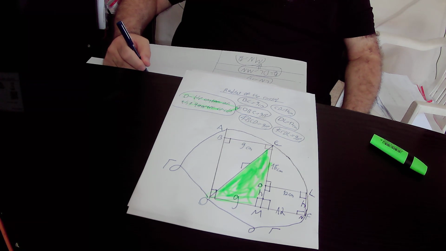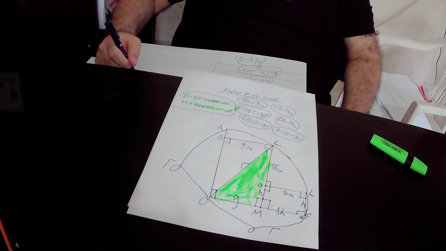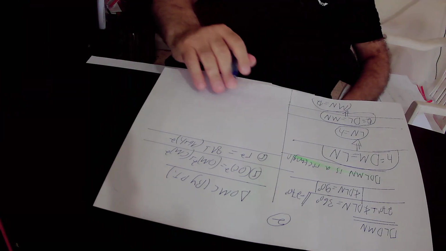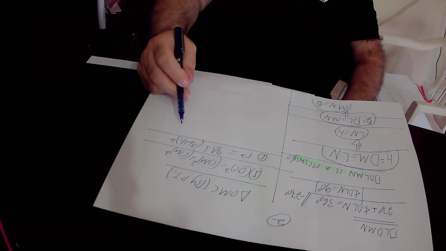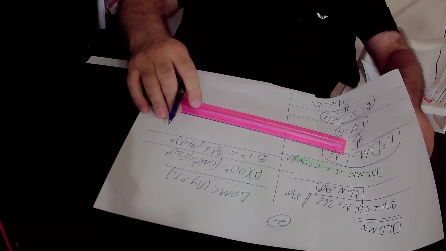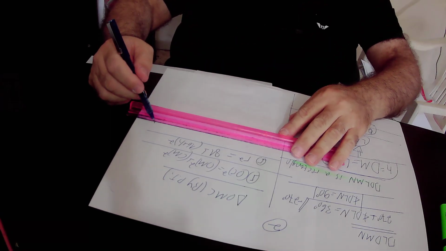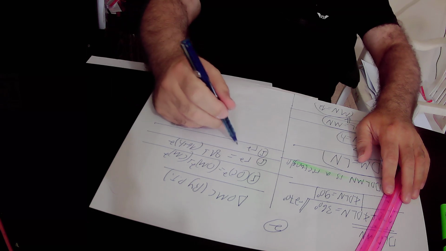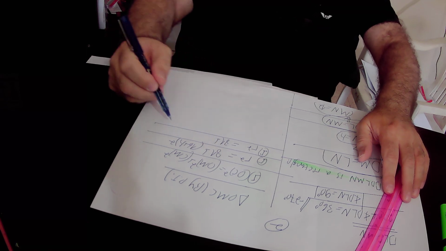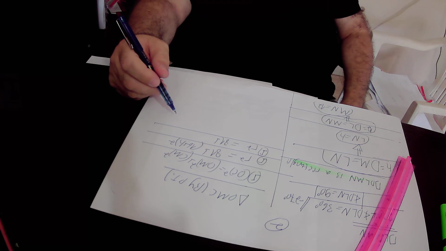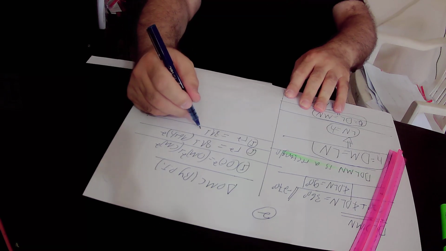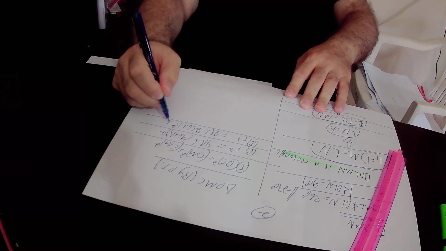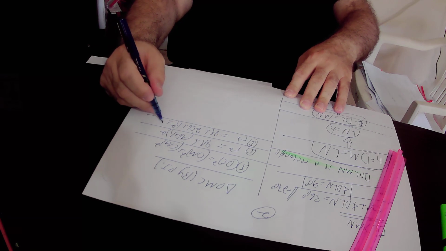If CM equals 16 plus H, it means that CM squared is (16 plus H) squared. So according to equation number 1, I found out that R squared equals 81 plus (16 plus H) squared. (16 plus H) squared equals 16 squared, that is 256, plus H squared, plus 2 times 16 times H, that is 32H.